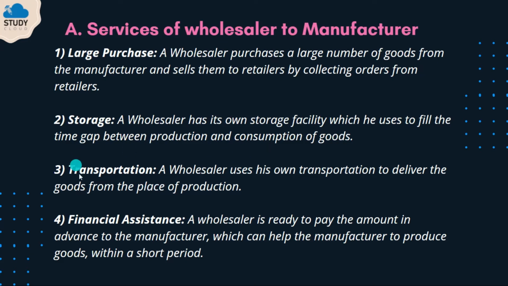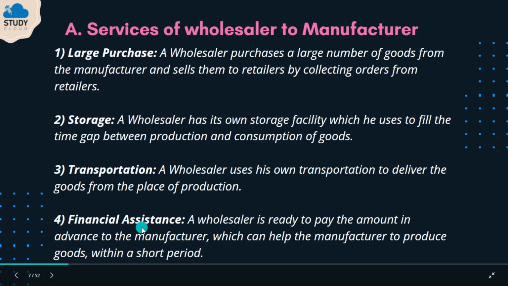Third is transportation. A wholesaler uses his own transportation to deliver the goods from the place of production. So the manufacturer's cost will not be included. The transportation cost will be borne by the wholesaler.